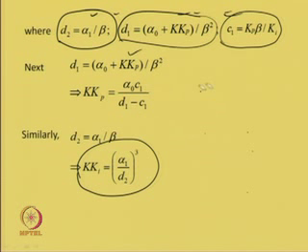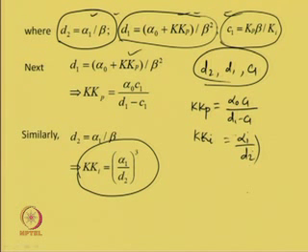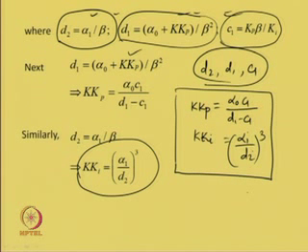So, basically using the variables D2, D1 and C1, we have been able to write the final explicit expressions for the two unknowns Kp and Ki in the form of k Kp equal to alpha0 C1 upon D1 minus C1 and k Ki equal to alpha1 upon D2 to the power 3. So, what is the beauty of obtaining the explicit expressions for the two unknowns Kp and Ki in this explicit form?